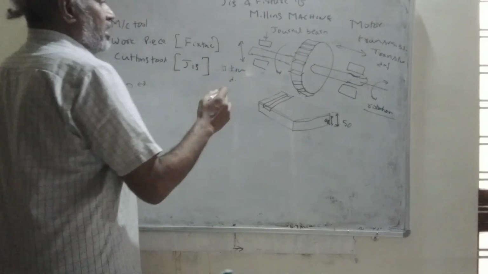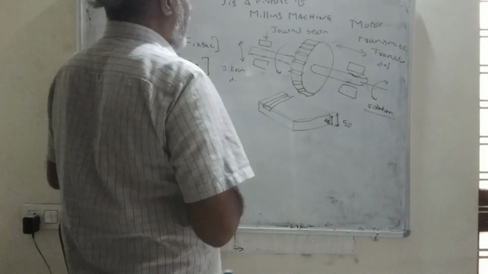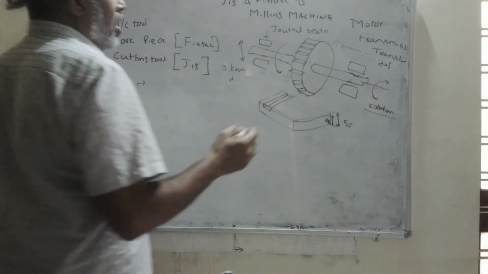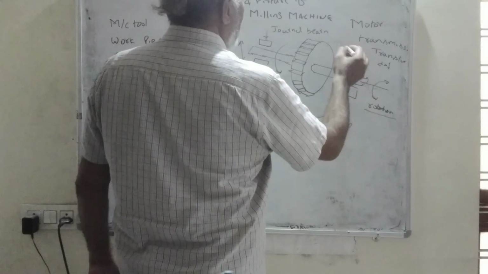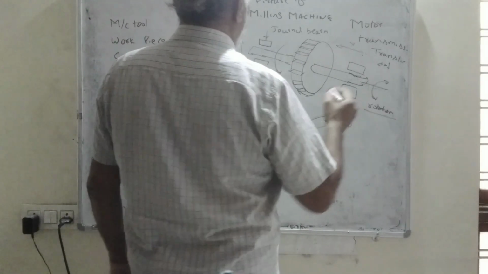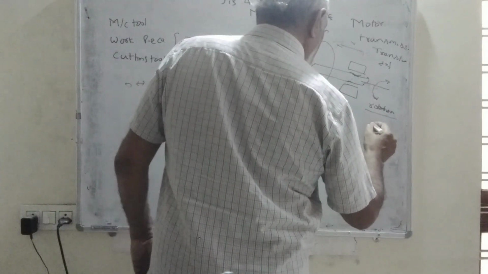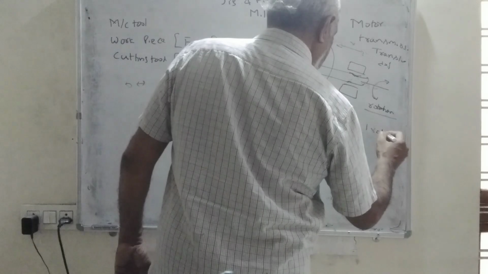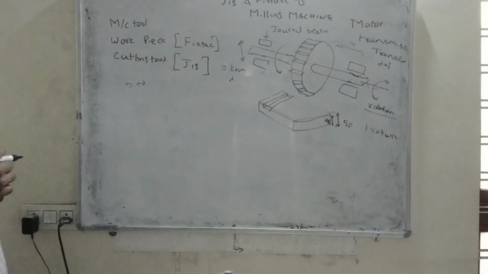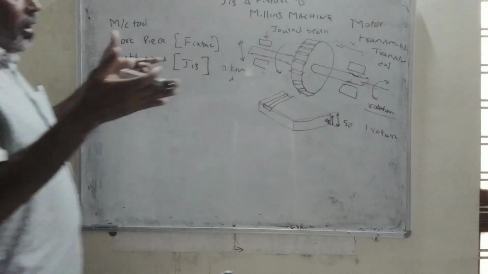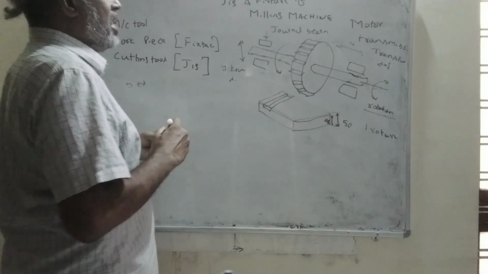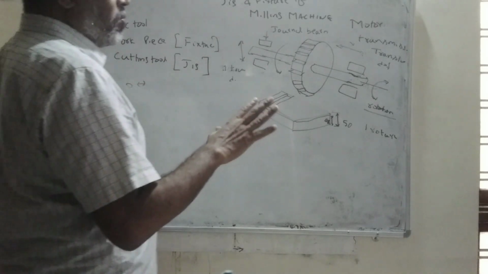That means there is a rectilinear motion along the z direction, or a rectilinear motion along the x direction, and the rotary degree of freedom is by default provided by the jig. The jig can be moved in two translatory directions, so at maximum one rotary motion is enough.